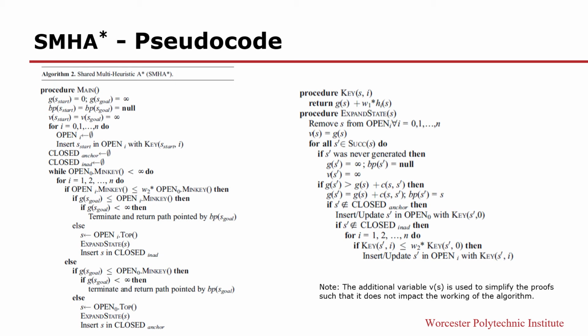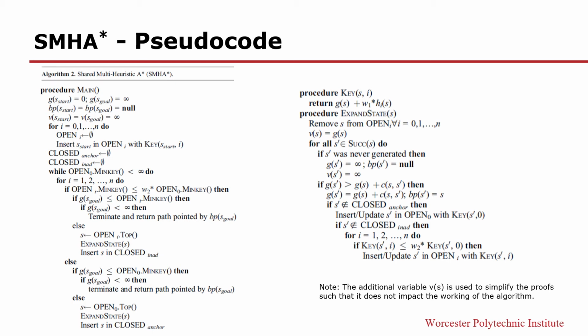Also, the last condition in the expand state function makes sure that none of the states are added into the open queue of any inadmissible search such that it won't be expanded again in the main function.